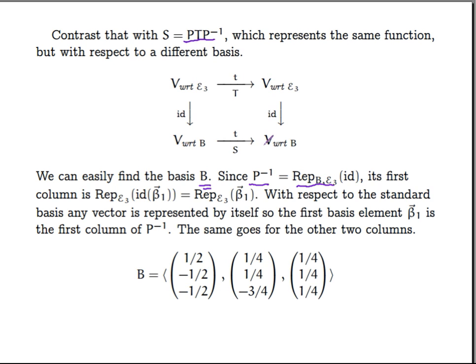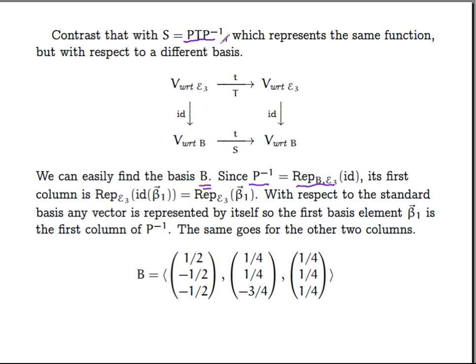So this PTP inverse corresponds to going around Robin Hood's barn this way to arrive at the result directly from S. Okay, so remember, you work from right to left when you apply mappings. P inverse is the transformation that's applied first, then T, then P.